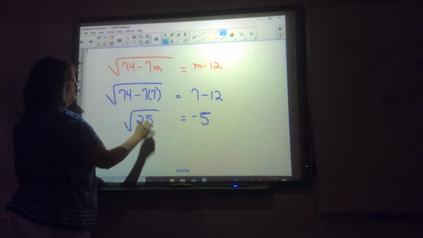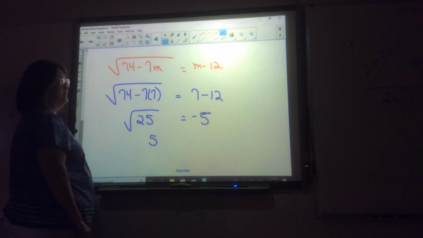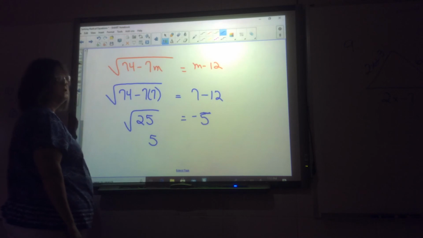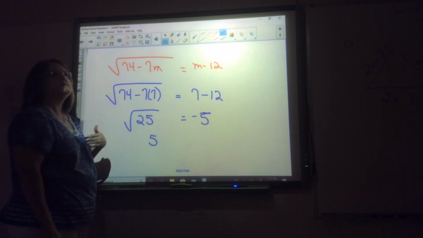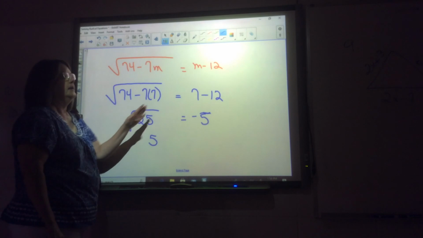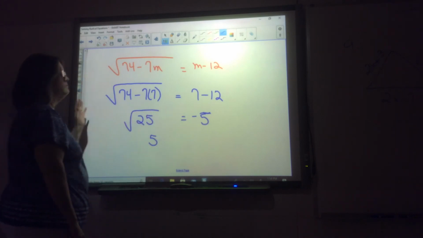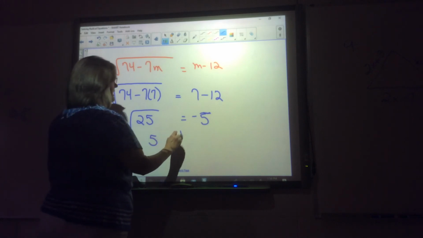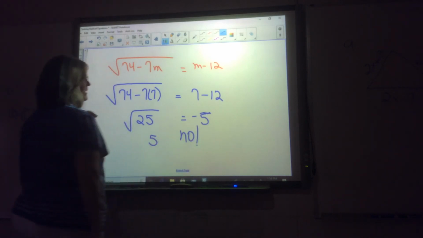Now the square root of 25 is 5. Yes, negative 5 times negative 5 equals 25. But when we are solving equations, they are looking for the principal square root. And negative 5 is not the principal. This one does not work. This one is an extraneous solution and does not work.